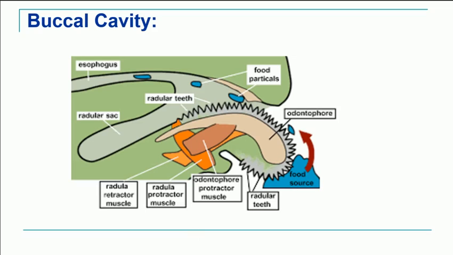Now in this picture you can easily see the esophagus, then here you can see the odontophore which we have just talked about, and on this we can see the radula and the teeth-like structures of the radula, also called radular teeth.